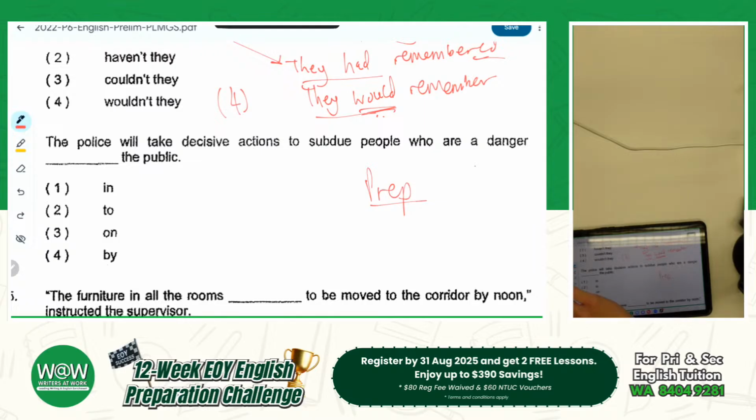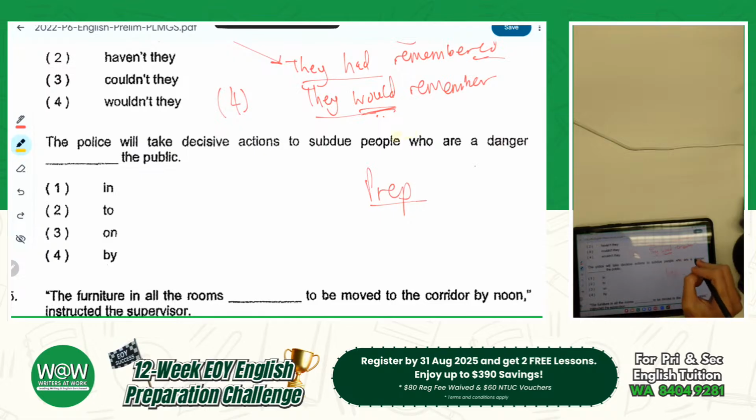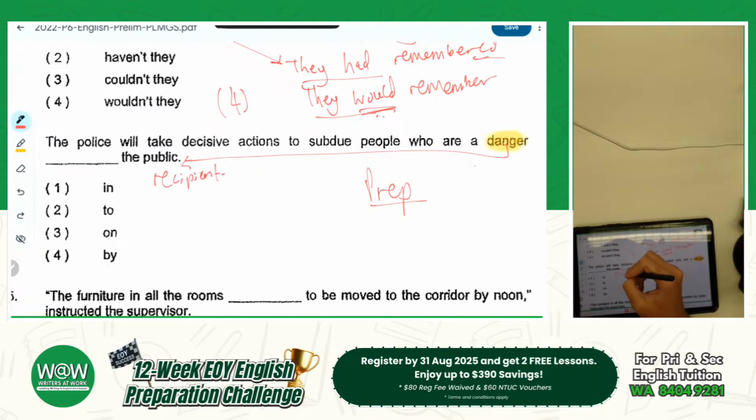Okay? So in this case here, when we talk about how people have become a danger, and we are looking at the danger to this particular recipient, that is the public at large. So we need to use a preposition to show this relationship.